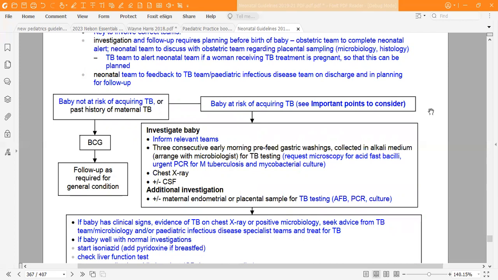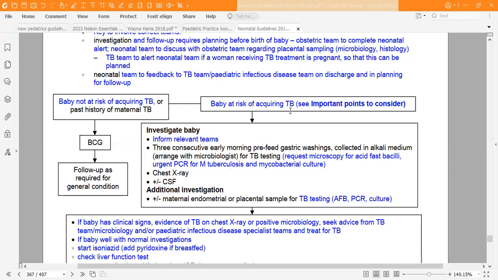So what we're going to do with this baby, we're going to give him a BCG vaccine and we're going to follow up with him as required for general condition. Well, that's so clear.